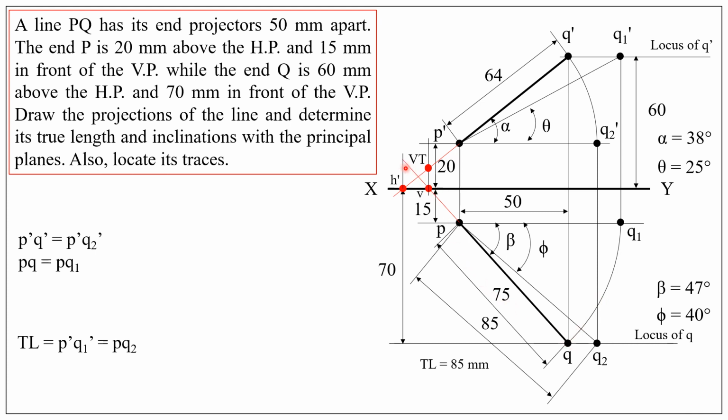The extension of top view PQ meets the vertical from H dash at the horizontal trace HT. Therefore, projections are drawn, true length is identified, angles of inclinations are found, we located the vertical trace and the horizontal trace. Thank you.